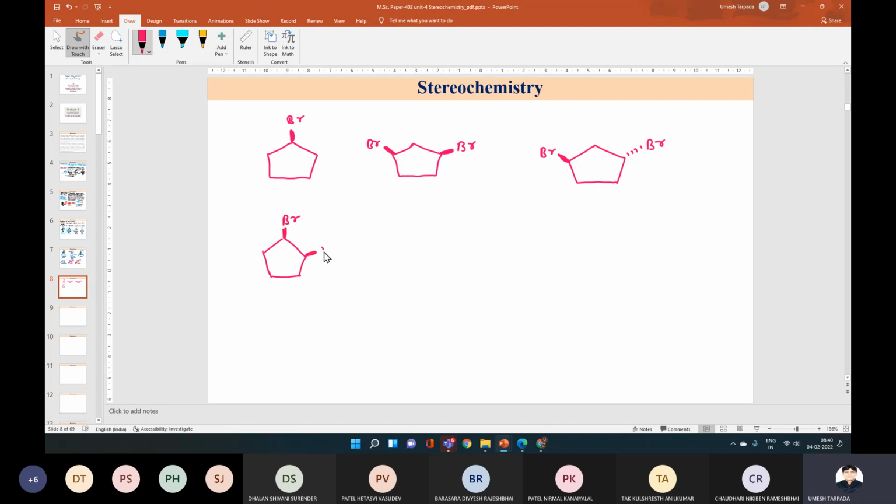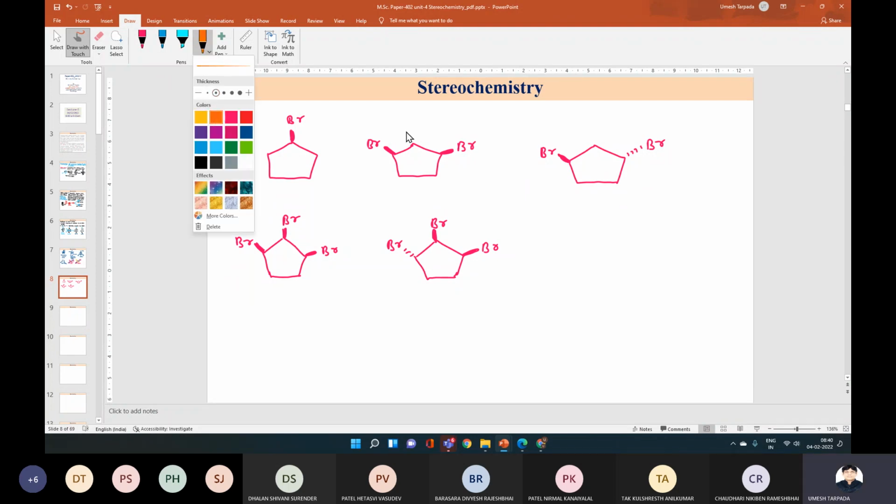What's about the second one? Optically active. Second one is also optically inactive. Both Br are on the front side, so the plane is there in the middle. You can see this plane of symmetry.